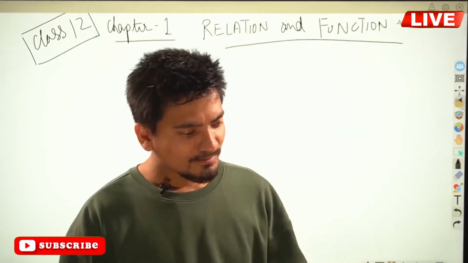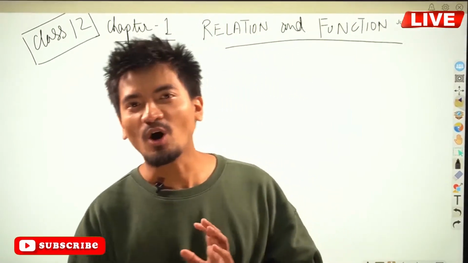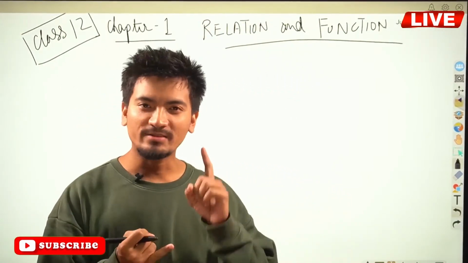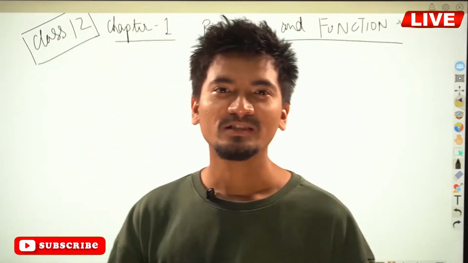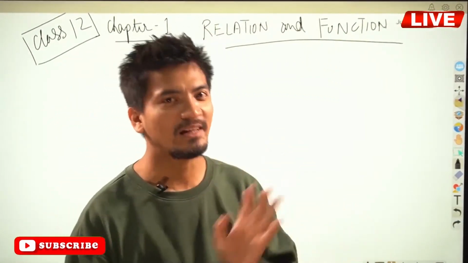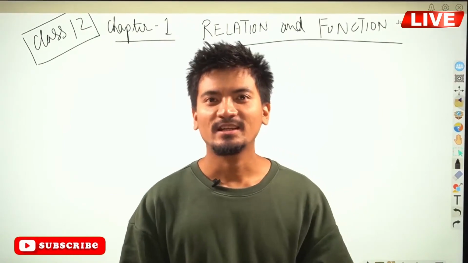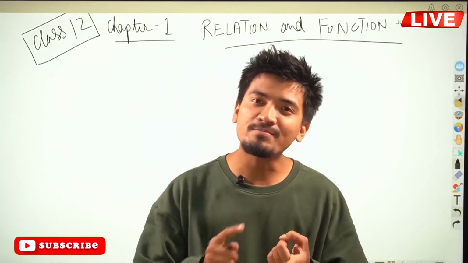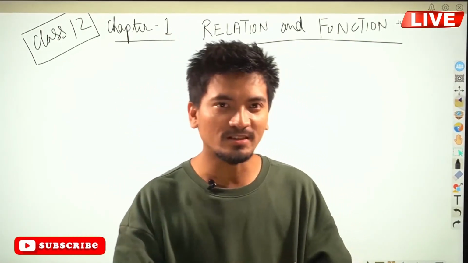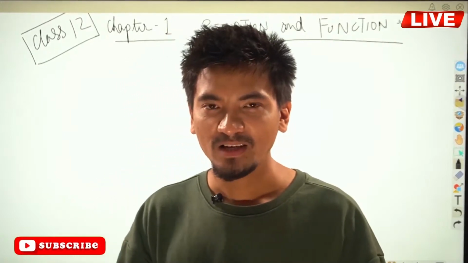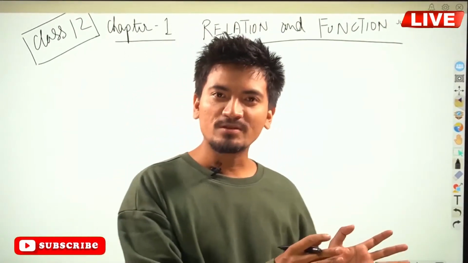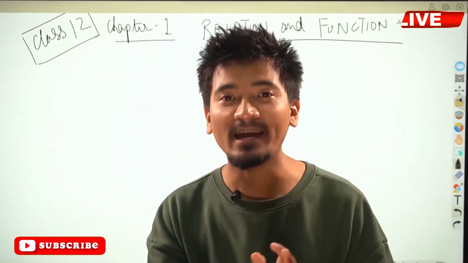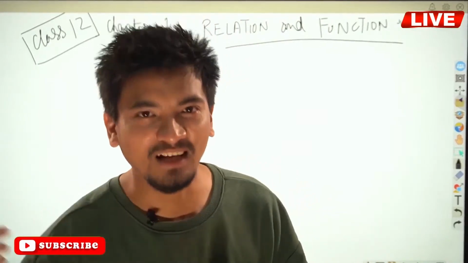Now see, in class 11, you all have studied about Cartesian product, then what is relation and what is function. These three things we have learned. But in class 12, in this chapter, we'll be dealing with the types of relations and the types of functions. The concepts you have studied earlier in class 11 will again be used here in class 12.